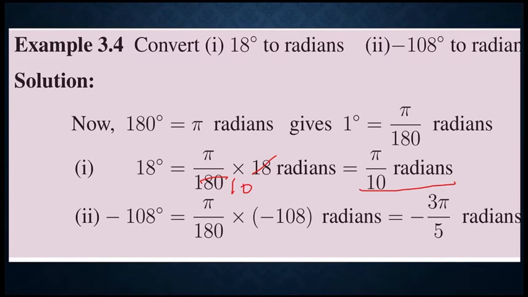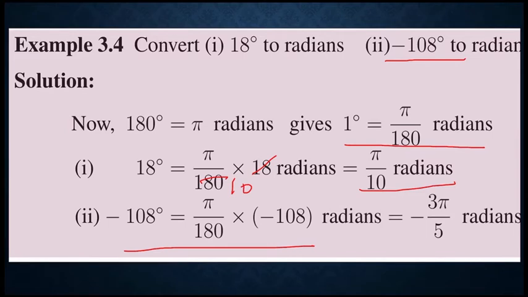Similarly, the next subdivision is minus 108 degrees to radians. As we know, 1 degree is equal to pi by 180 radians. Minus 108 degrees is equal to pi by 180 into minus 108. We have to multiply it with pi by 180. After simplifying, we get minus 3 by 5 pi.